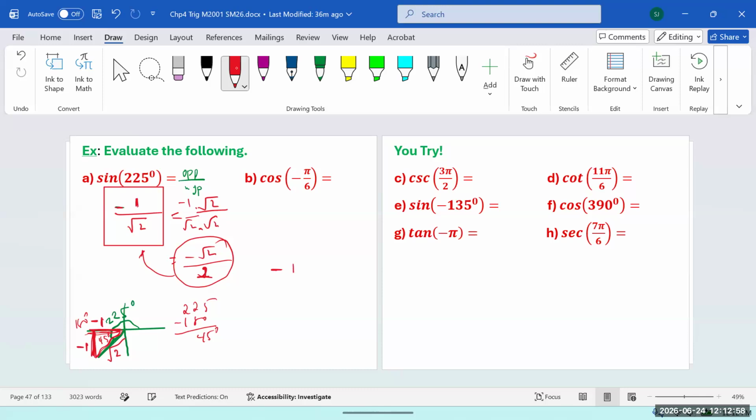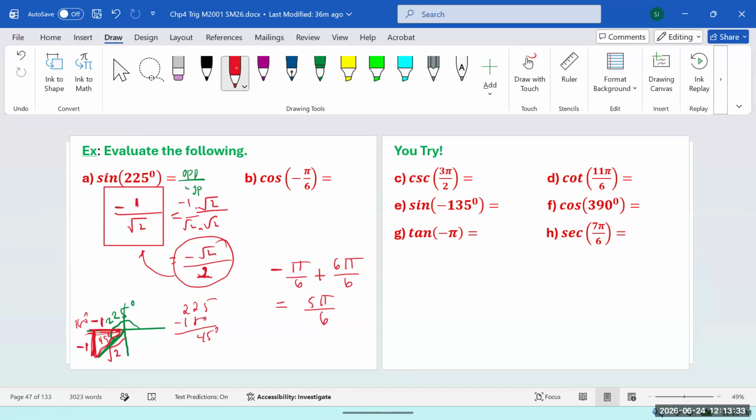So negative pi over 6, you add 6 pi over 6. That's your reference angle. What is 1 pi minus 6 pi? 5 pi over 6. Well, we have no idea what 5 pi over 6 is anyway, right? So that reference angle doesn't help us here.